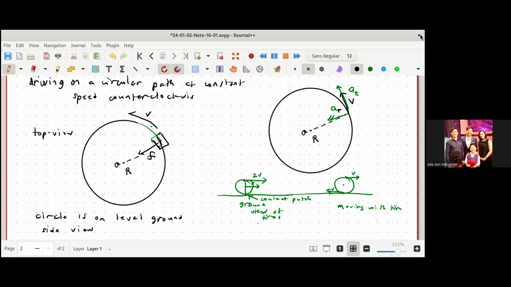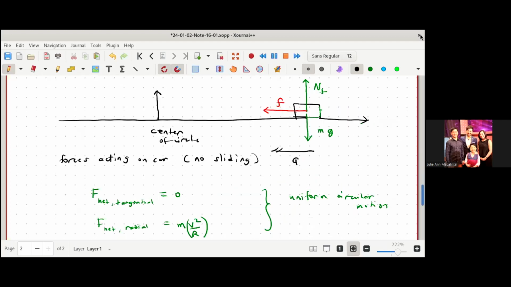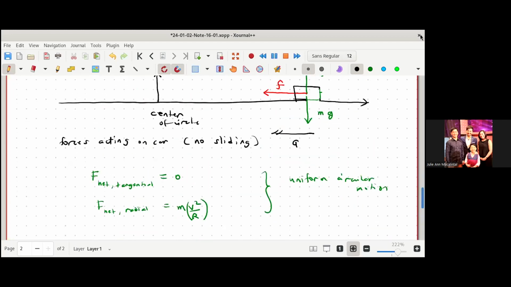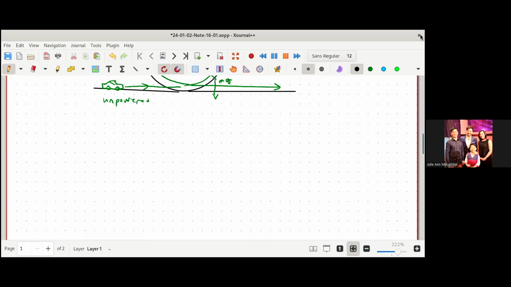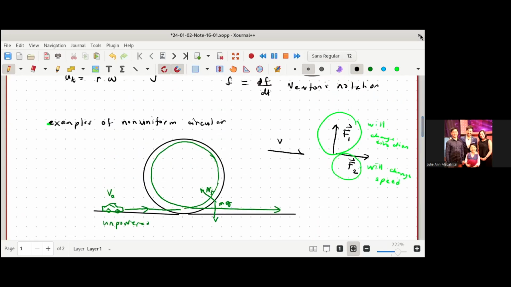Yung motion po, hindi lagi parang rectangular, kasi ito nga po rotating siya. Yung general rule talaga, if the force is parallel to the velocity, that will change the speed.